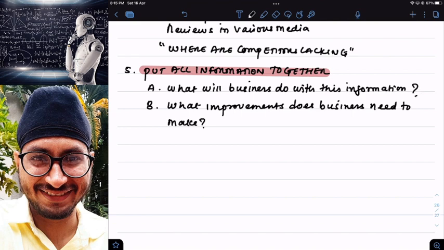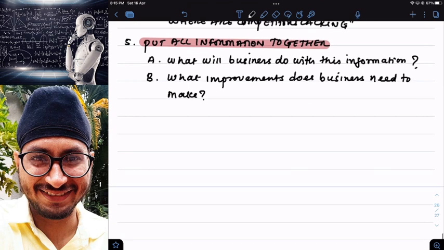I found out that my competitor is better than my company. Then what are the things in which I need to improve so that I become equally important like my competitor? And then how can business exploit competitor weakness?